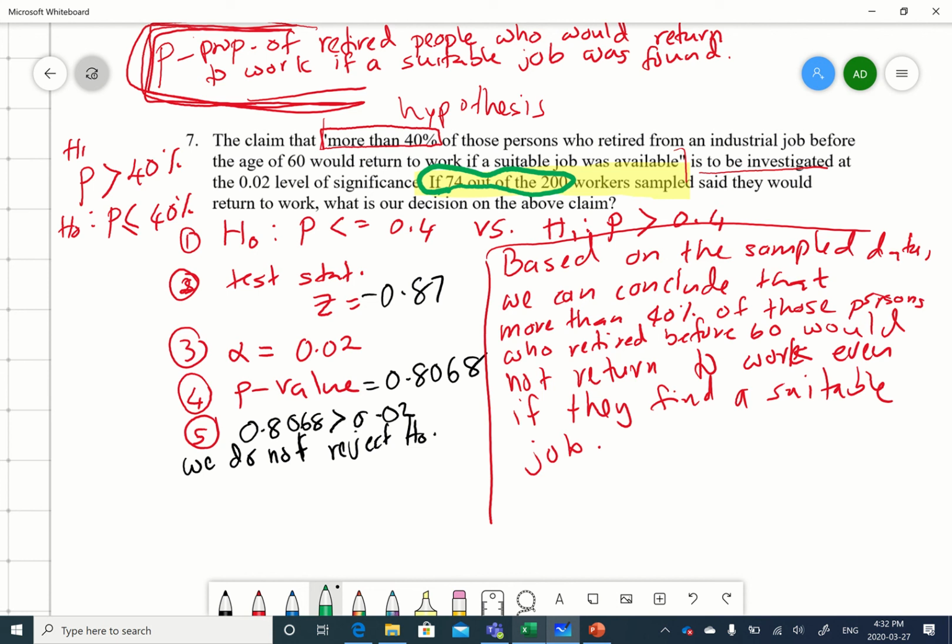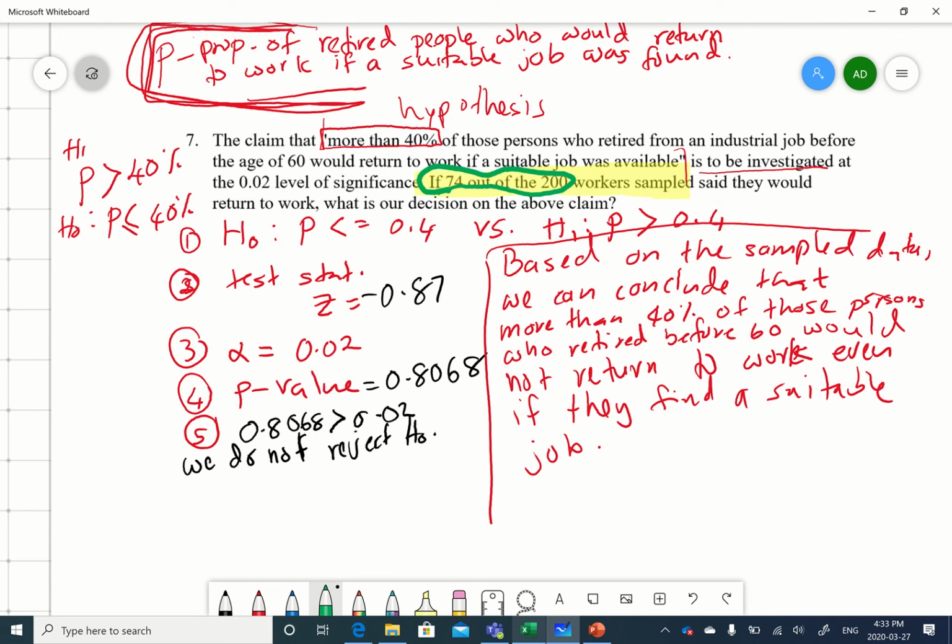The reason we can't is because this is not the only sample that you can take, right? From the population, you can take so many different samples with size 200. So this is just one sample we are talking about. By just looking at the sample proportion of one sample, you can't really project that idea to the entire population. So that's why it's essential for you to go through this process.